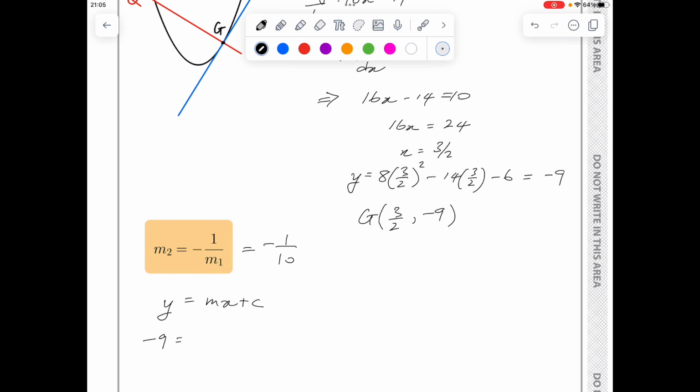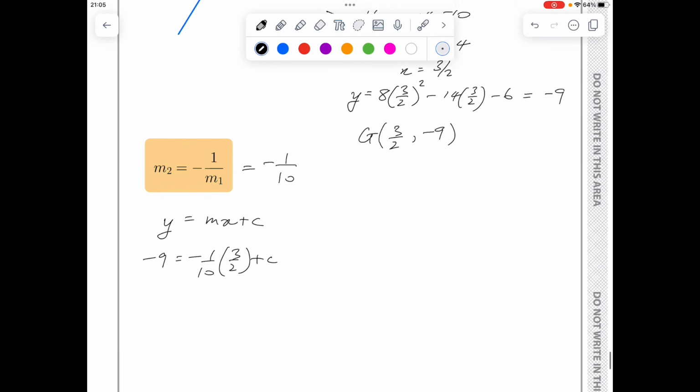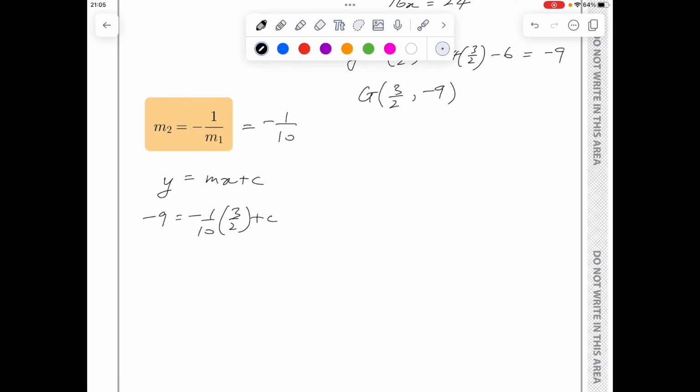Minus 9 equals minus 1/10 times 3/2 plus c. If you solve this, c comes out to be minus 177/20. Hence the equation of the line is y equals minus 1/10 x minus 177/20.